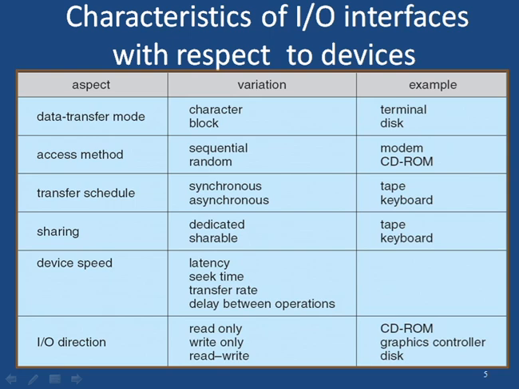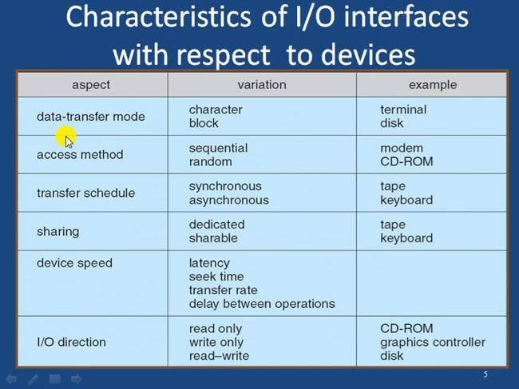Next we will understand the characteristics of I/O interfaces with respect to devices. There are different aspects, and for each aspect there are different variations, and we can observe examples where these variations are implemented.